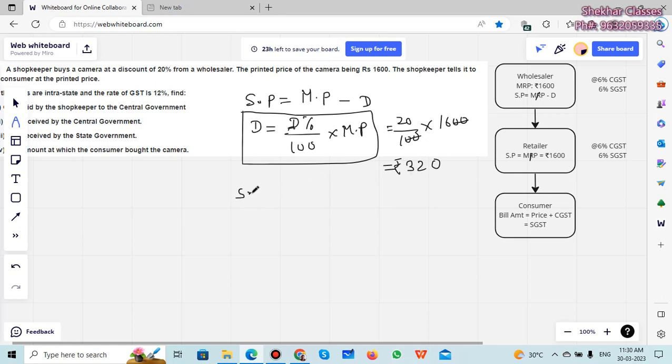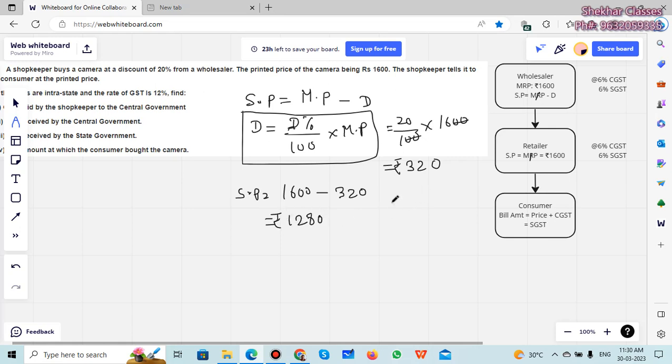So selling price for the retailer will be 1600 minus 320 rupees, and that will give you how much? 1600 minus 300 is going to be 1300. So 1280 rupees is the selling price.